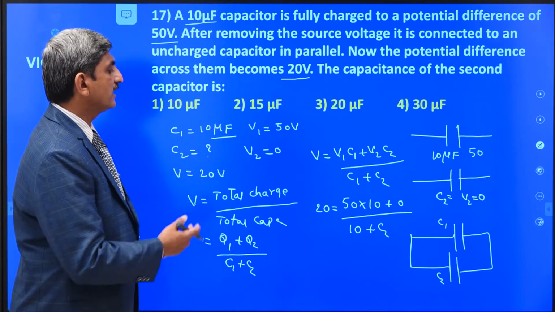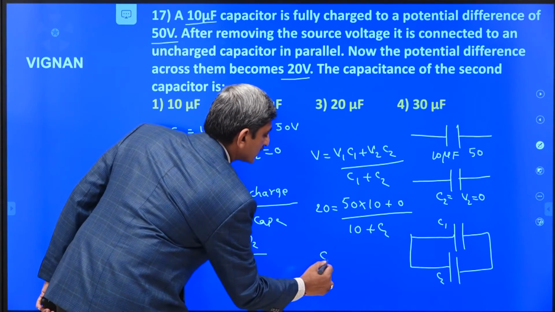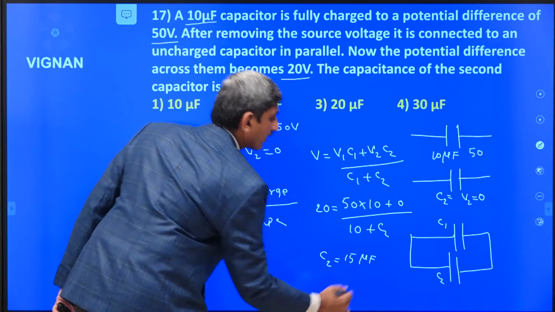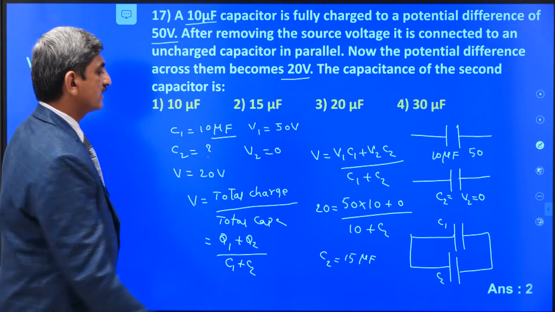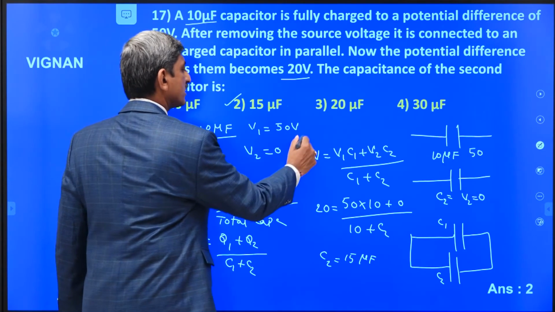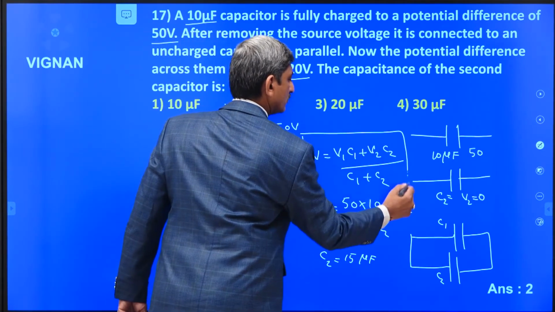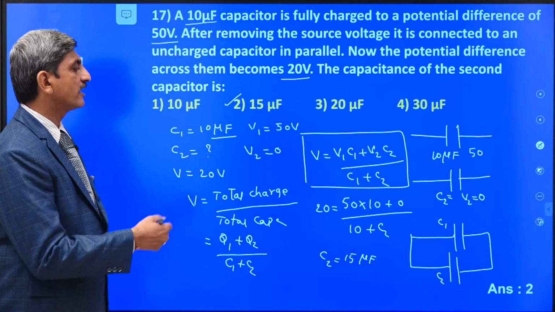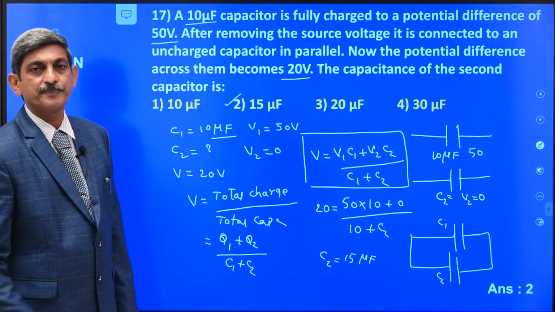Then you will get the unknown capacitance C2 as 15 microfarads. So your answer is 2. So the formula for the common potential is V is equal to (C1 V1 plus C2 V2) divided by (C1 plus C2).